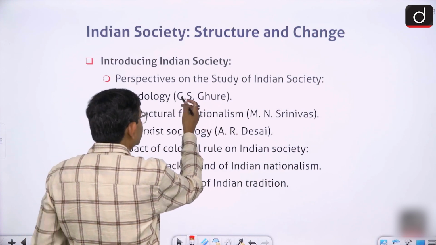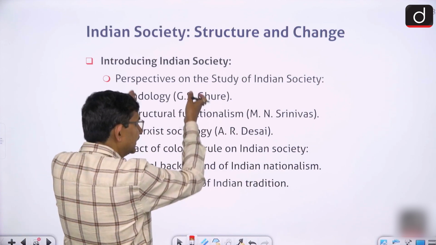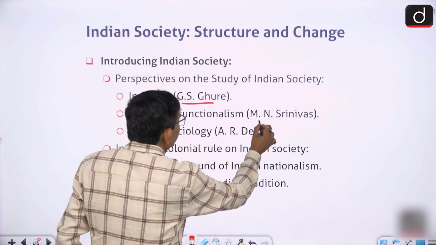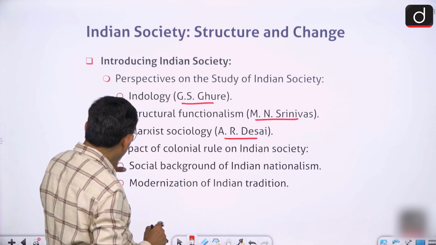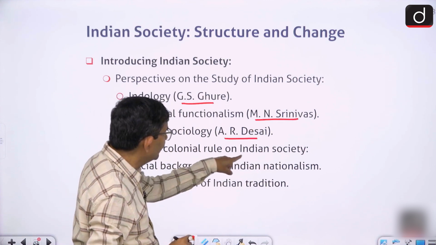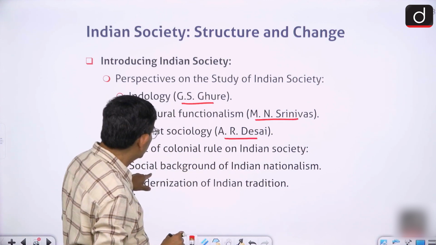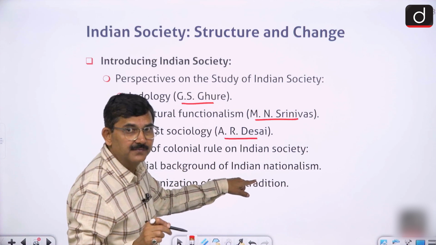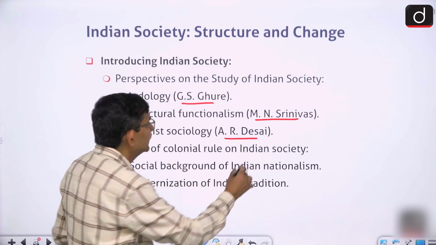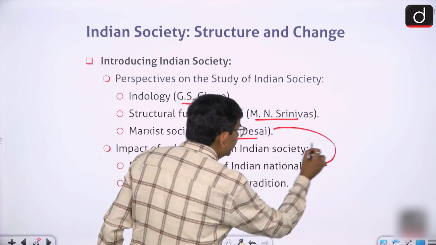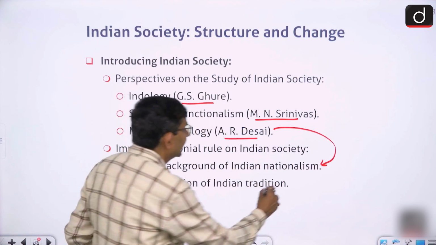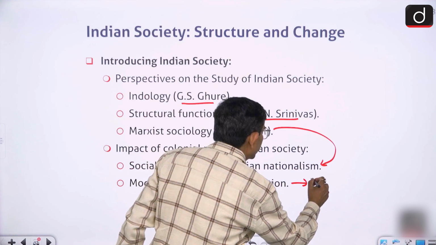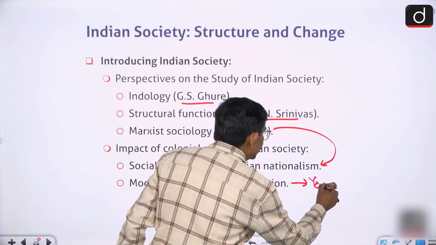The syllabus starts with the thinkers only: G.S. Ghurye, M.N. Srinivas, A.R. Desai. Then the topic impact of colonial rule on Indian society, social background of Indian nationalism, is the name of a book written by A.R. Desai. Another, modernization of Indian tradition, is again the name of a book by Yogendra Singh.